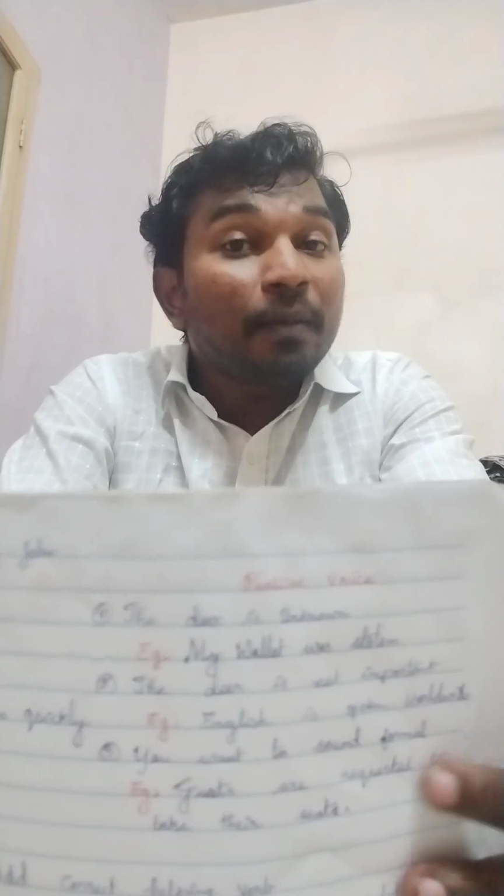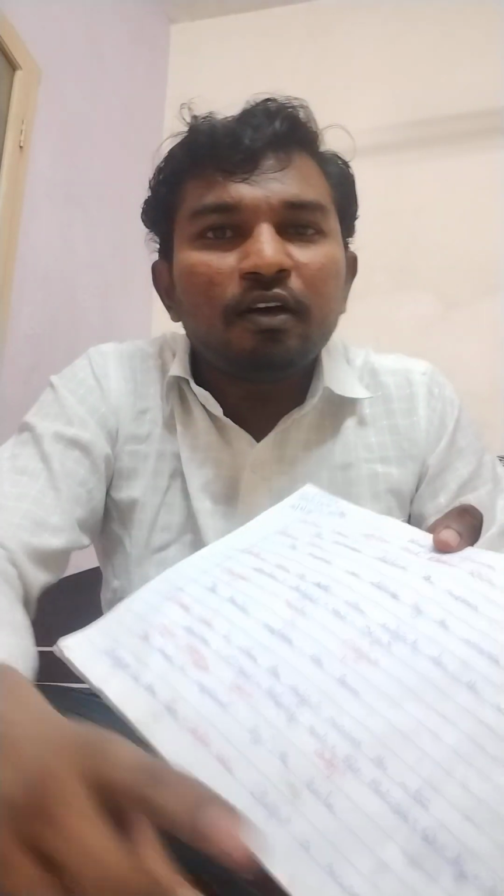Okay, and let us have a quick recap. The verb in passive voice is V3, that is very clear. And what is active voice? Active voice is when you focus on the doer, when the subject does the action. And what is passive voice? When the subject receives the action.